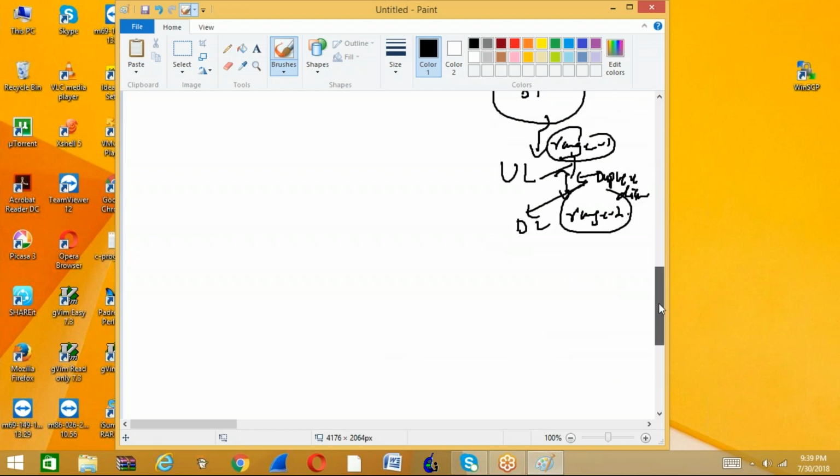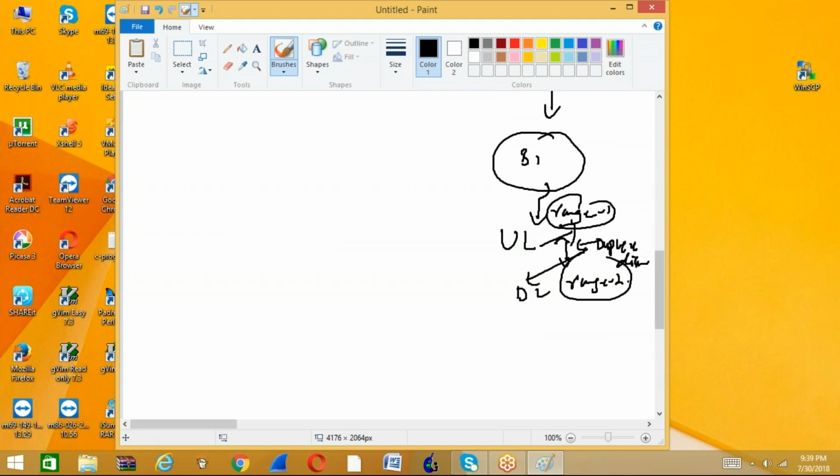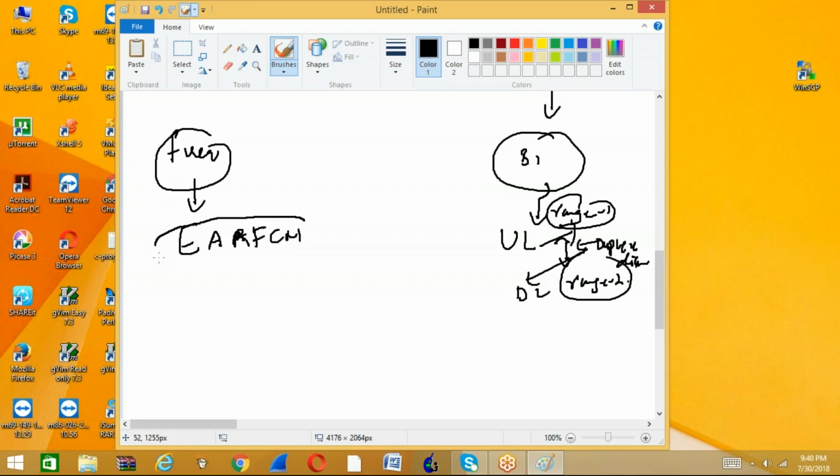Okay, so now I'll come to the more technical part. Frequency is more commonly called EARFCN in FDD 4G. So in LTE, frequency is also called EARFCN. E stands for E-UTRAN.